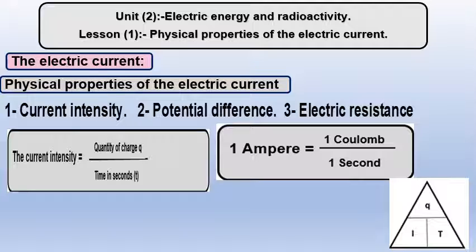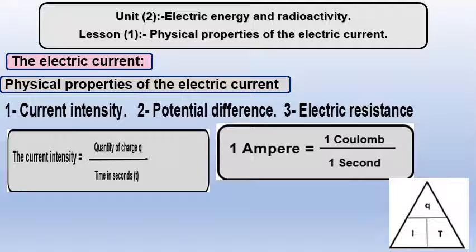There are many relations. The relation between the electric current intensity and the quantity of electric charge is directly proportional.